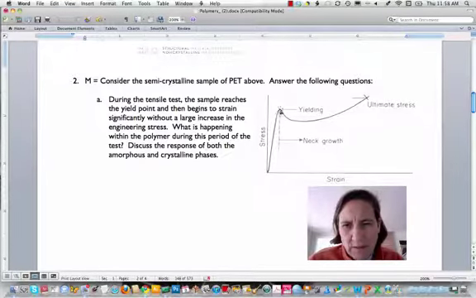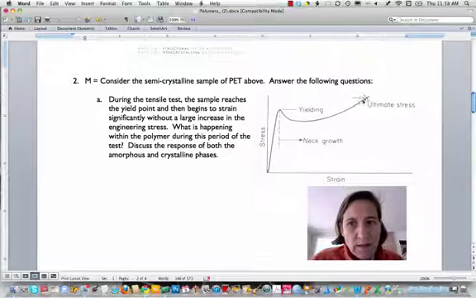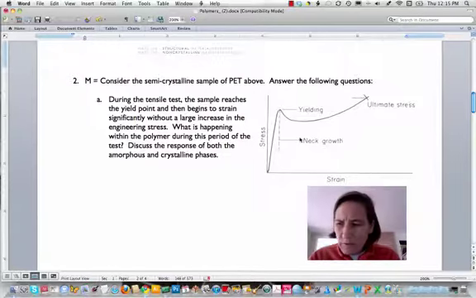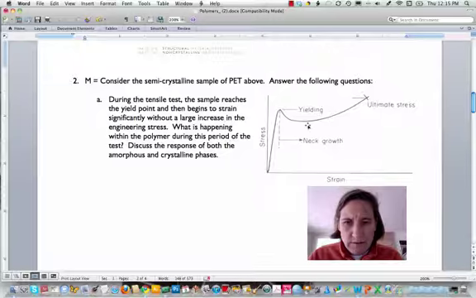And then at this yielding point, you can imagine that in a tensile test the strain would continue, but the stress that's required to continue the strain is actually decreasing. And then eventually, as you continue to strain it, that stress increases until the sample breaks at some sort of ultimate stress.